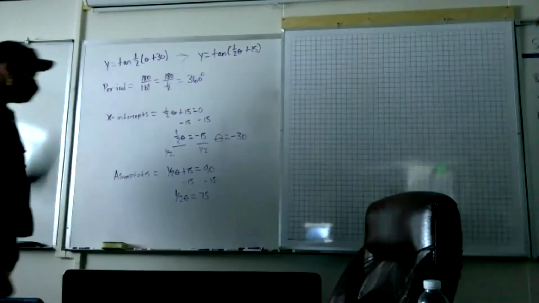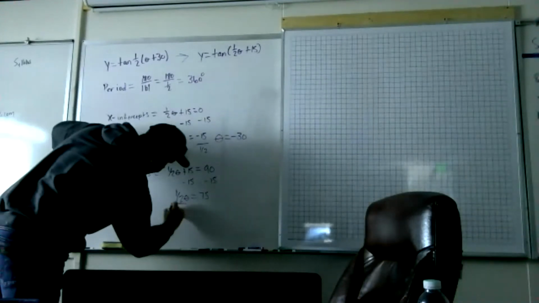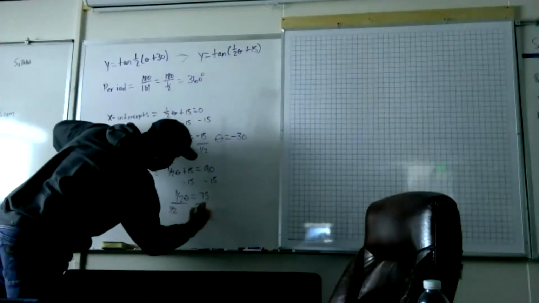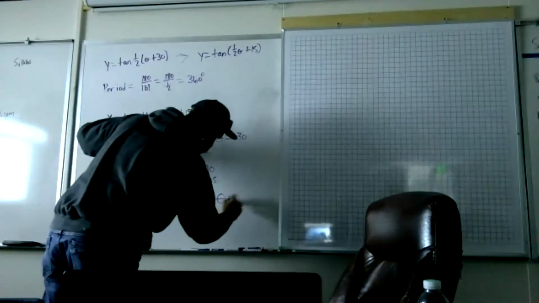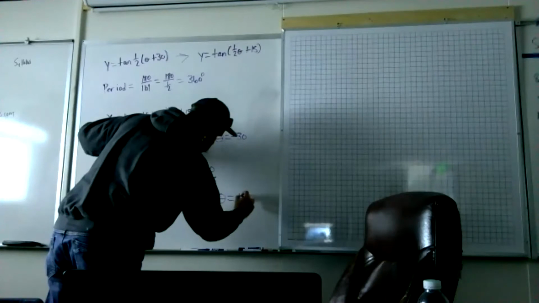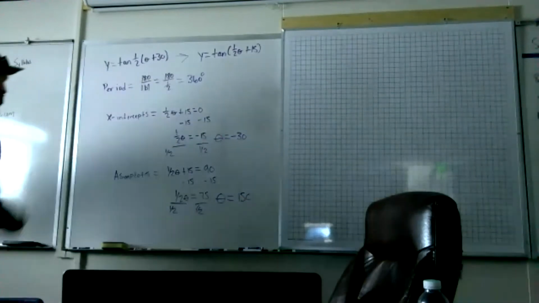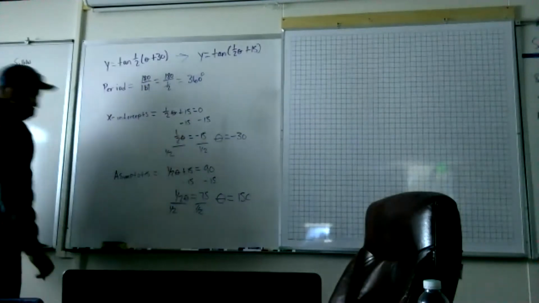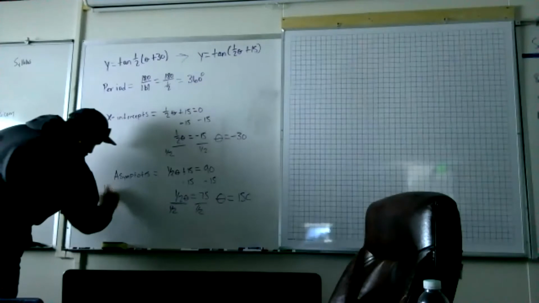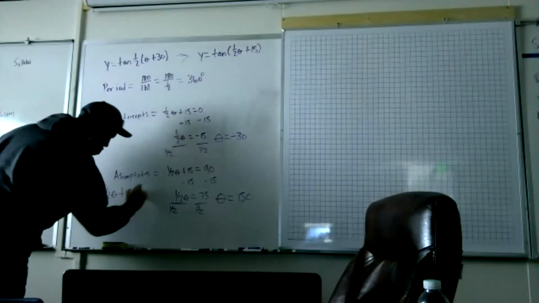So 1/2 theta is equal to 75. If I divide by 1/2 on both sides, I get that my first asymptote's location is at theta equals 150 degrees. To find my first negative asymptote, I take what is on the inside of the parentheses and set that equal to negative 90 degrees.